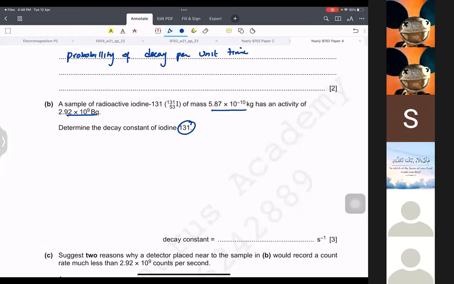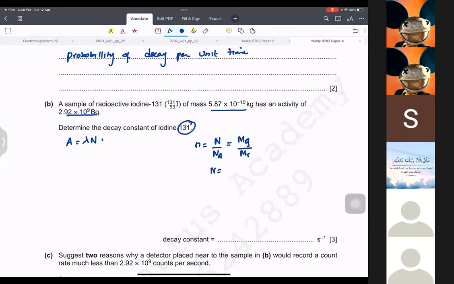So first of all, to find the decay constant, we need to use activity equals lambda N. We don't have N. To find N, we'll use moles. So moles is N upon NA, but we don't have moles. So to find moles, we can use mass in grams over MR. Now what you do?